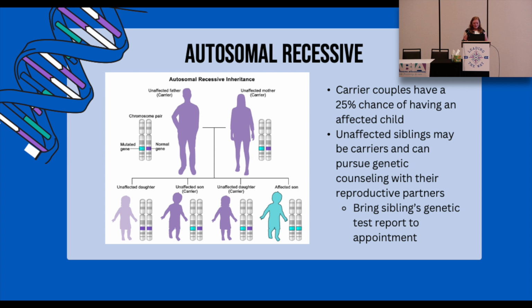And the other thing I mentioned before is unaffected siblings may be carriers, and so they can reach out to their own genetic counselors when they're ready to have children. It's important to bring the siblings' genetic testing reports so they can look specifically for that variant. They could also get general carrier screening to see if they're carriers of any other type of condition.